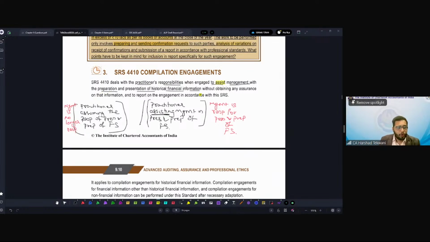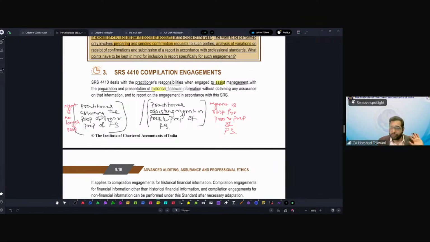Now, if I have to focus on a word, I'll focus on the word historical, not prospective. I'm talking about historical financial information, not the forecast, not estimates.